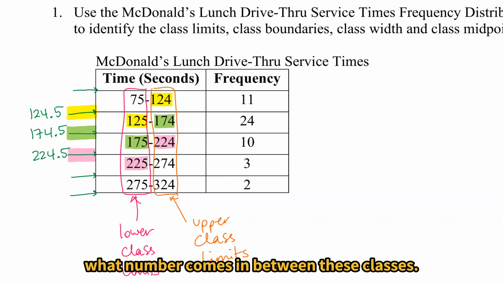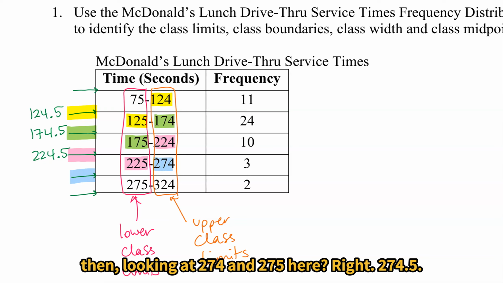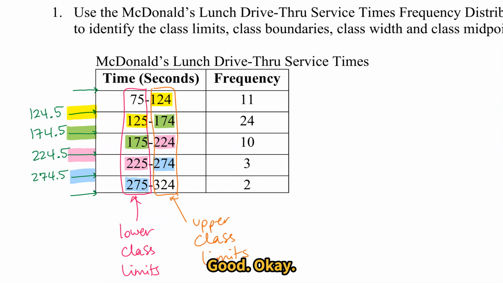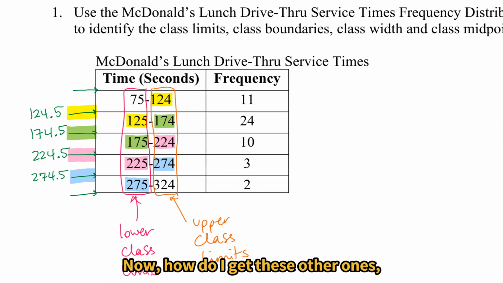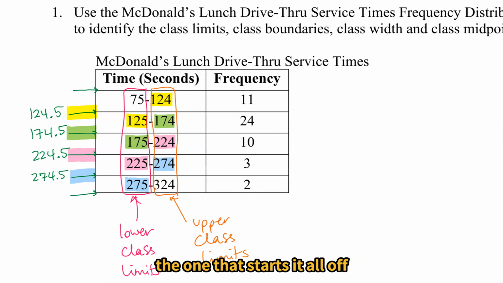I want to know what number comes in between these classes. How about this one, looking at 274 and 275 here? 274.5. Good.